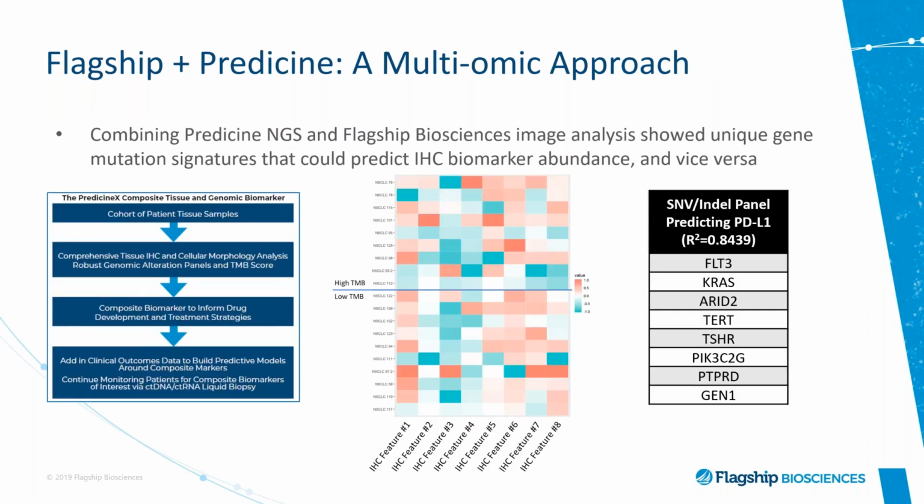An example of that is a recent cooperation between Flagship and Predicine using a multiomic approach in which the unique gene signatures that could predict IO biomarker, in particular PD-L1 positivity and vice versa, could be interrogated.